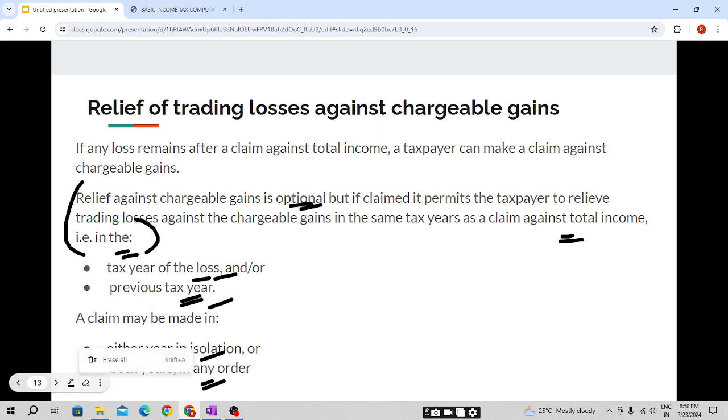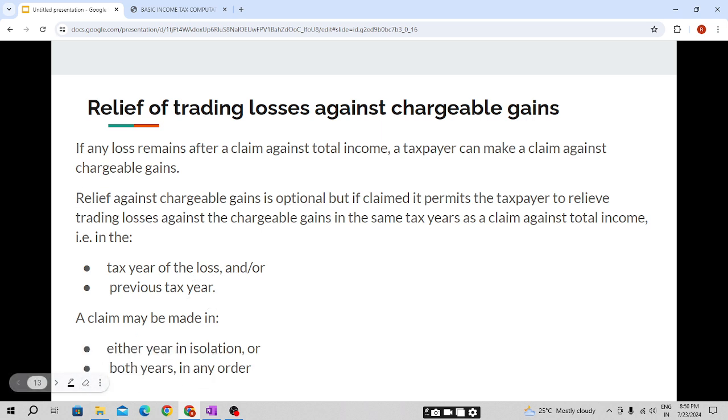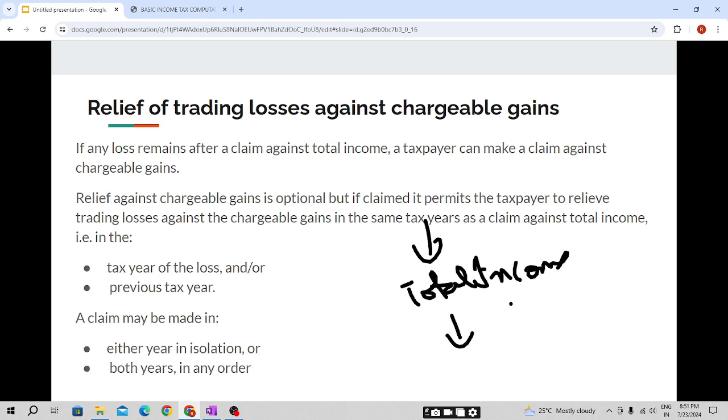So students, the same rules apply here. If I set off against my total income, then the option is also available to set off against the chargeable gains. If not opted, it is directly carried forward, no issues.